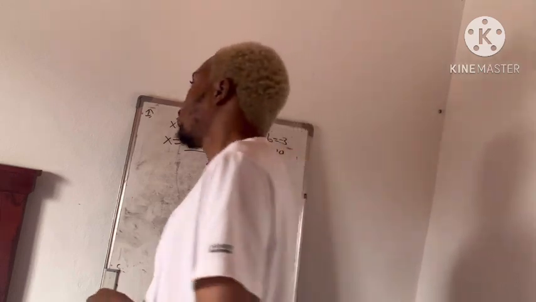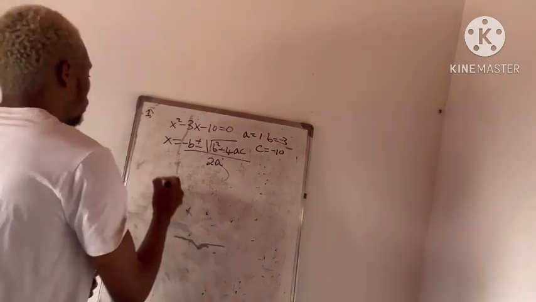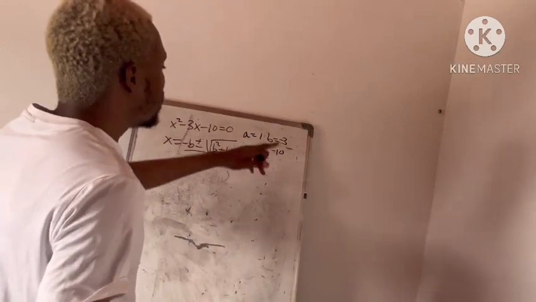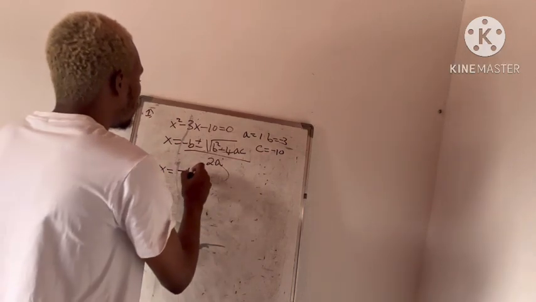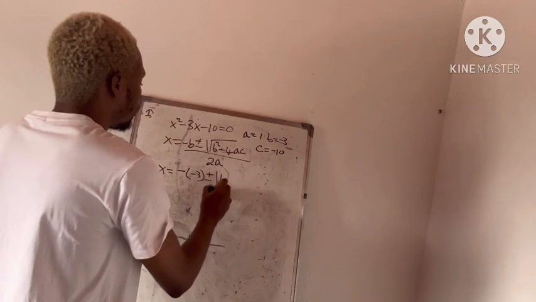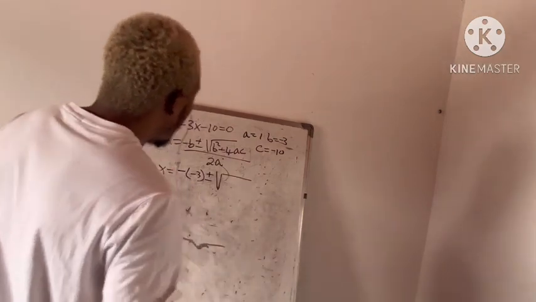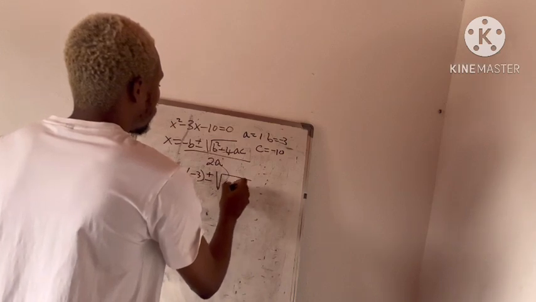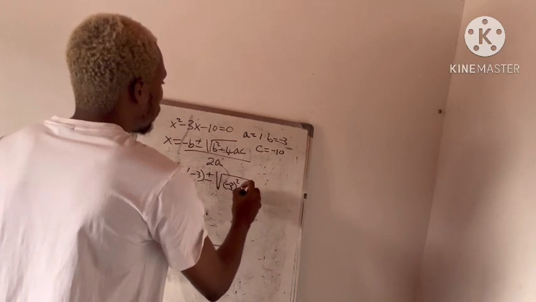Inputting those values in our quadratic formula, here you have x equal to minus b. Now what's our b? Our b is minus 3. So you have minus of minus 3, plus or minus the square root of b squared. Our b there is minus 3, all squared, minus 4 into what's a?